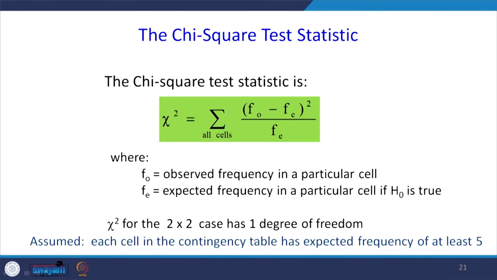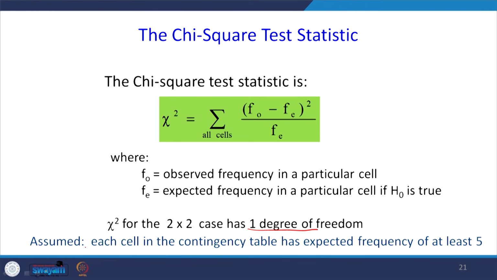We have seen this formula: the chi-square test statistic is the observed frequency minus expected frequency, whole squared, divided by expected frequency. Fo is the observed frequency, Fe is the expected frequency. Here there is a 2 cross 2 table, so the degrees of freedom is 2 minus 1 multiplied by 2 minus 1, so it is 1 degree of freedom.